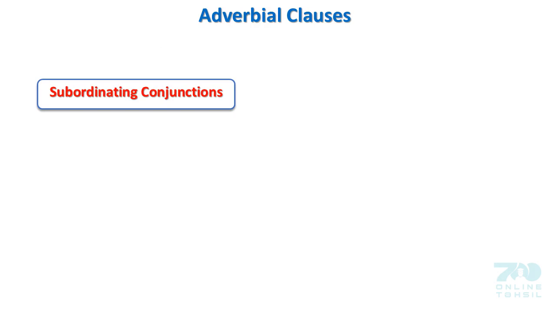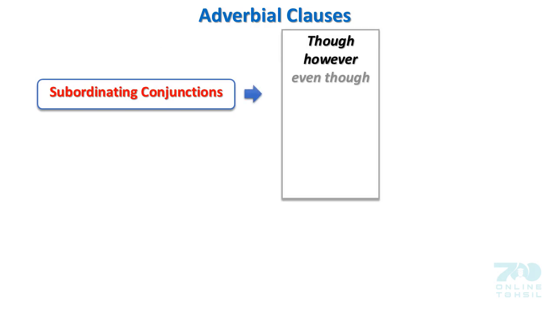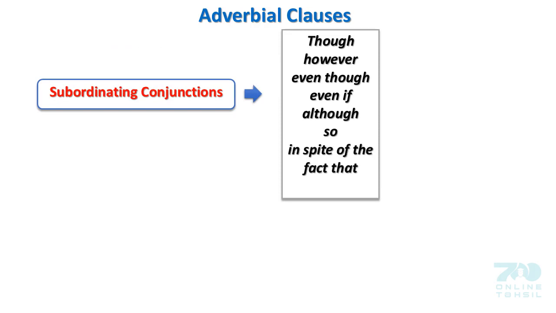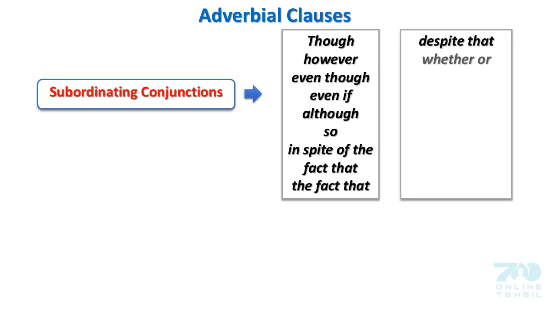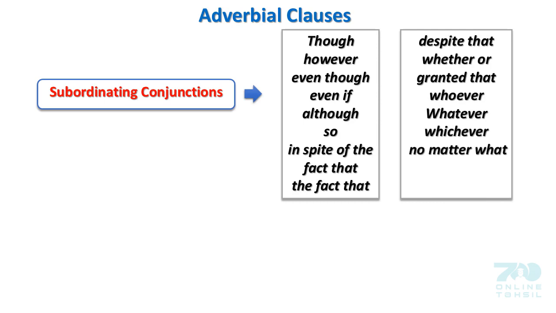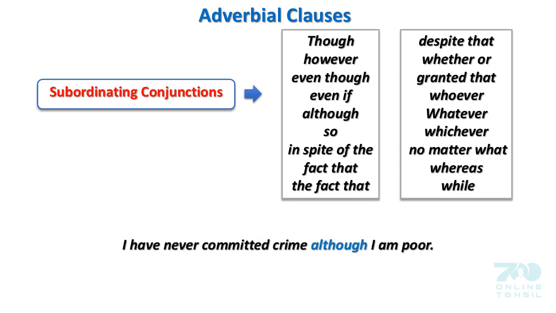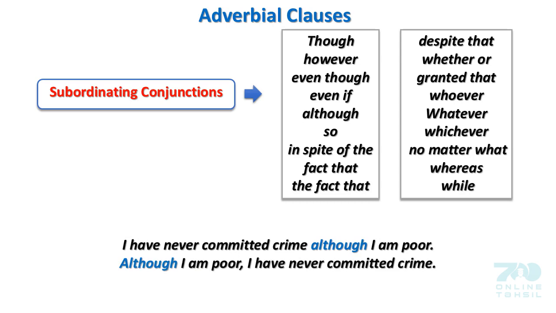Subordinating conjunctions: though, however, even though, even if, although, so, in spite of the fact that, despite that, whether or, granted that, whoever, whatever, whichever, no matter what, whereas, while. Example: I have never committed crime, although I am poor. Although I am poor, I have never committed crime.